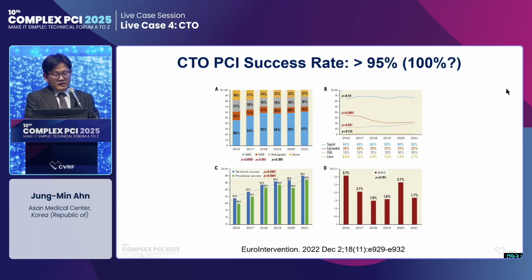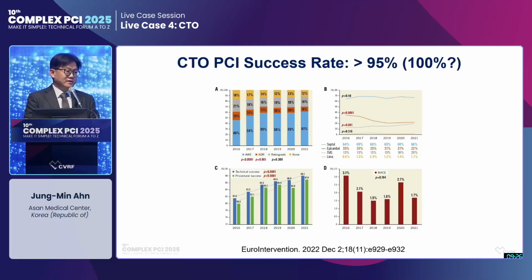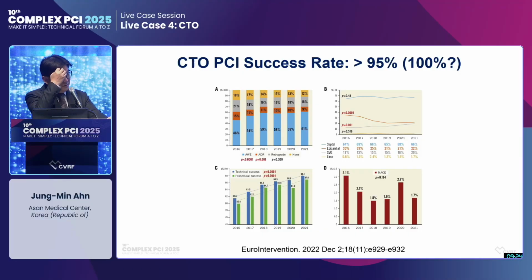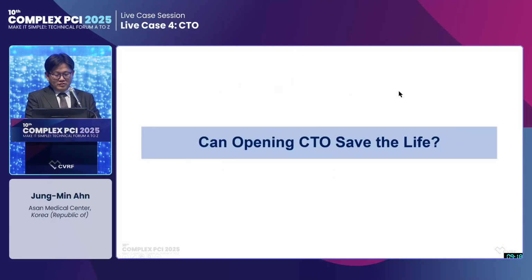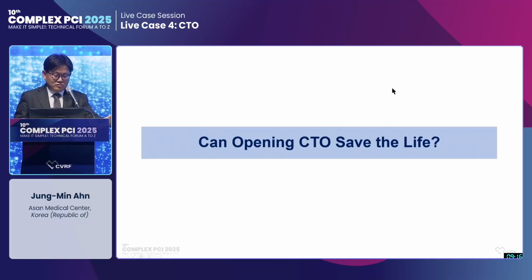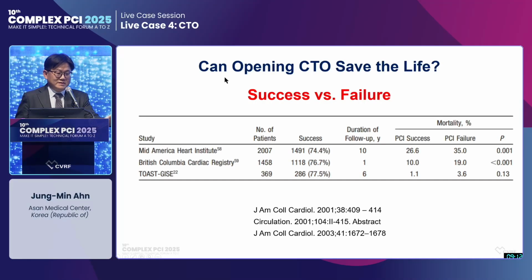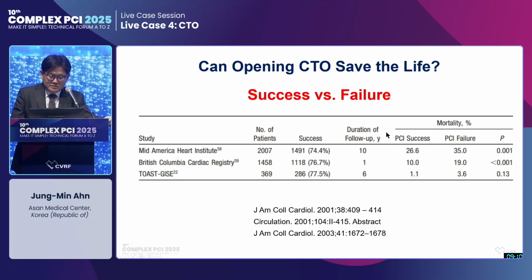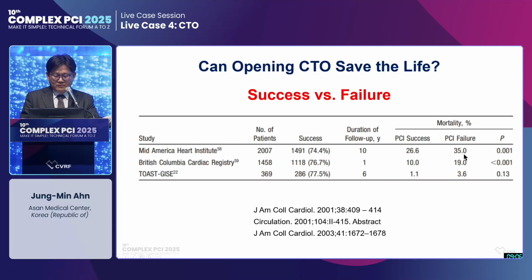In addition, the contemporary CTO PCI success rate is more than 95%, and particularly the Japanese CTO PCI success rate is, I think, almost 100%. Even though there is data, based on registry data, that successful CTO PCI patients have lower future mortality than CTO PCI failure patients.